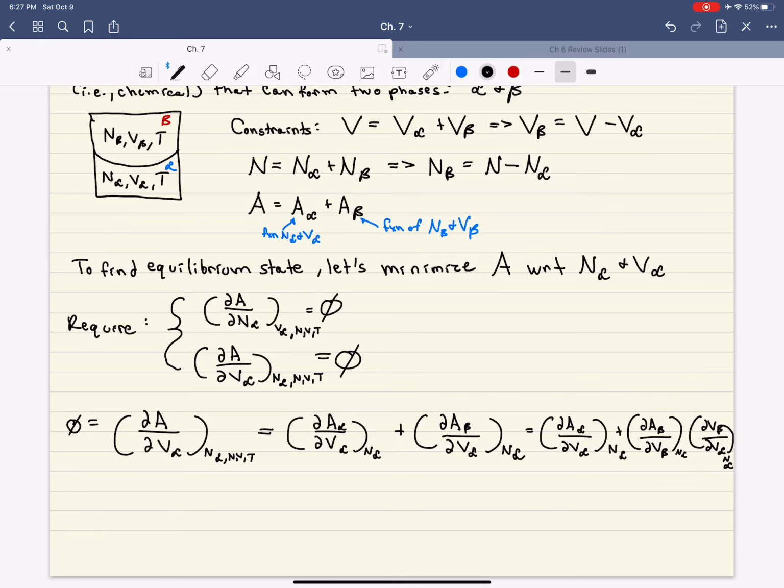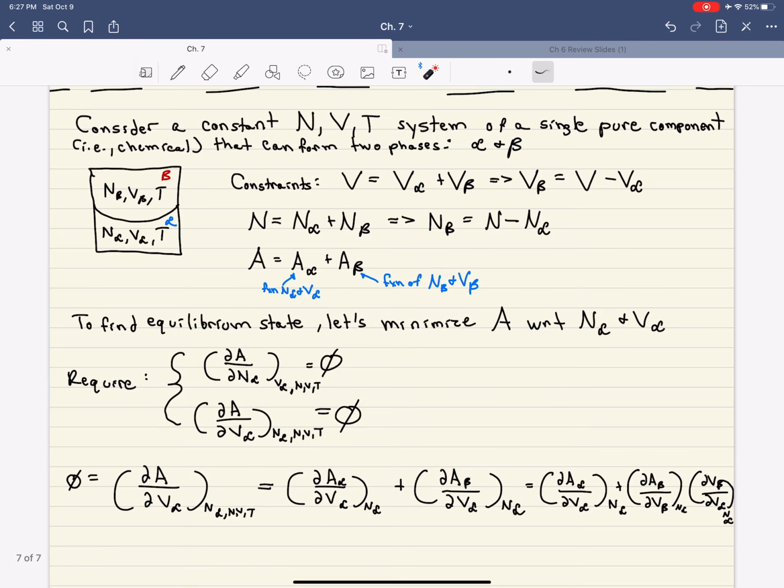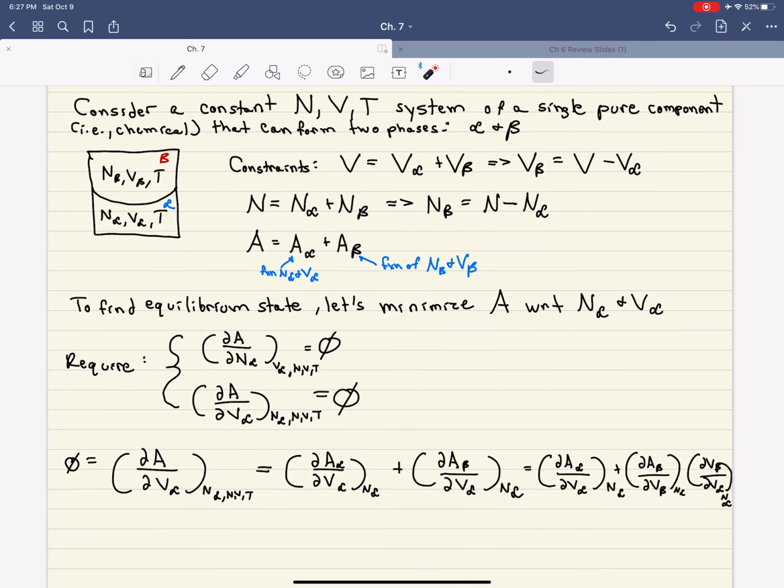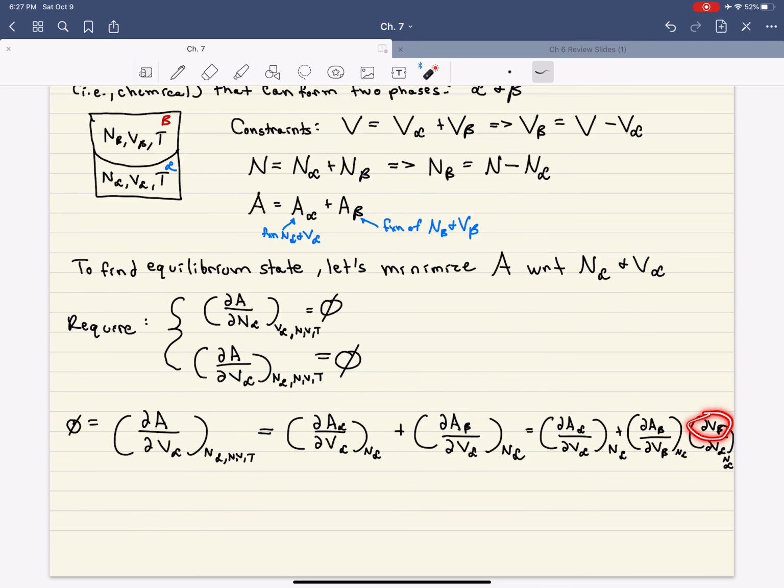But if we remember, based on our constraints here, volume is conserved. And so, if we have any increases in V beta, that's going to lead to decreases in V alpha, and vice versa. All right, and so what that means is that this partial derivative here, they're antagonistic towards one another. And so this partial derivative we have is actually just equal to -1, right? And that comes from the volume balance here. Okay? In any case, so that's -1.